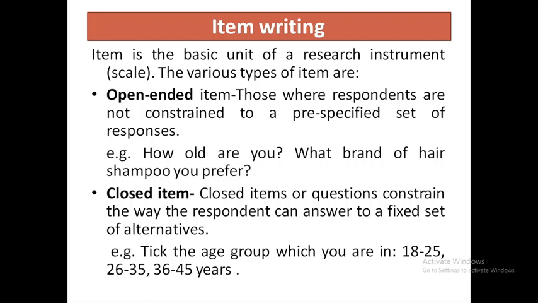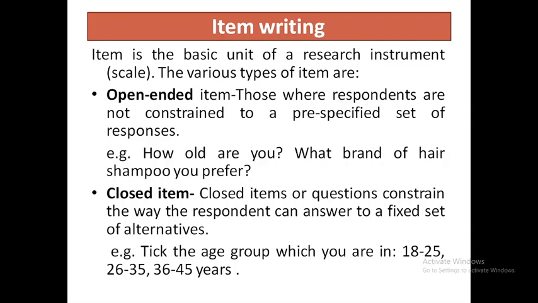So, item writing. The item is the basic unit of a research instrument. The various types of item are, say, the open-ended item, or you can say the open-ended question. These are those where respondents are not constrained to a pre-specified set of responses. It means the response categories are not stated in the question.